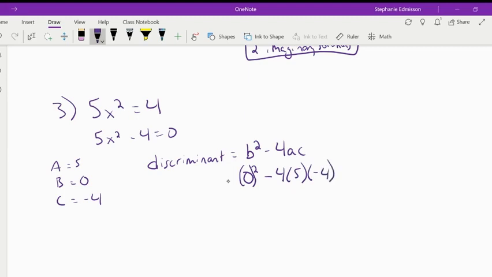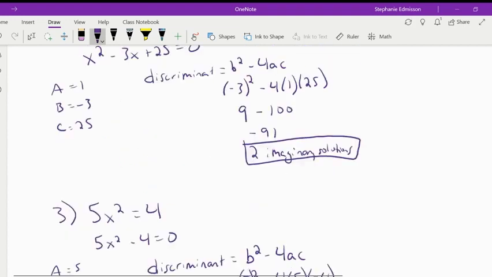Okay, well, 0 squared is 0, so I write 0. Now here I have two negatives, negative and negative. So I'm going to go ahead and just write a positive because I know that negative times a negative gives me a positive number. 4 times 5 is 20, and that times 4 is 80. So I get 80. 0 plus 80. So for my total answer, my number, I get 80.